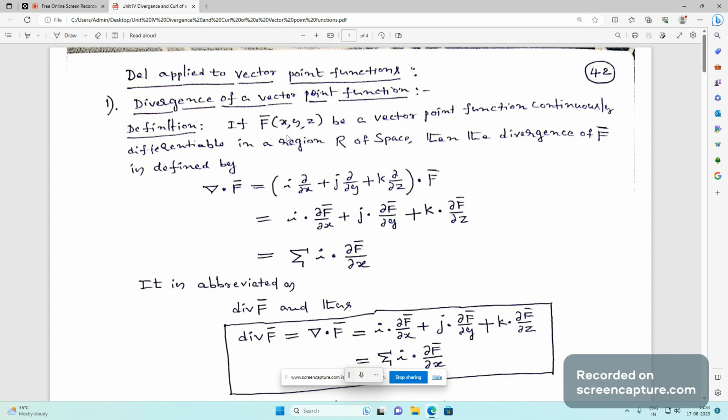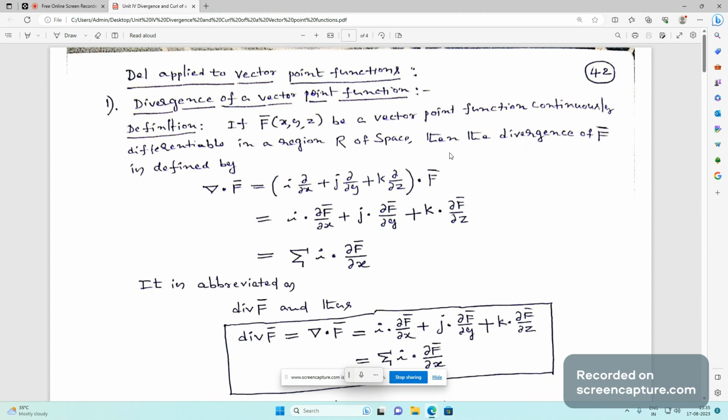If a bar of x comma y comma z is a vector point function continuously differentiable in a region R of space, then the divergence of a bar is defined by del dot a bar. Del is defined by i dou by dou x plus j dou by dou y plus k dou by dou z.